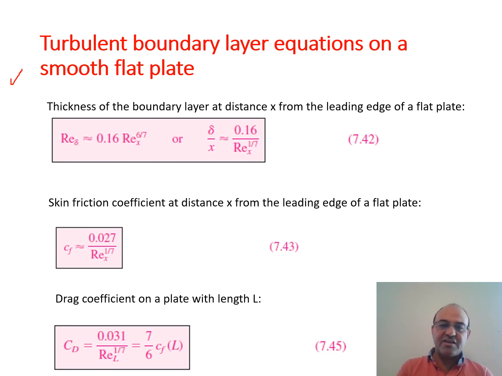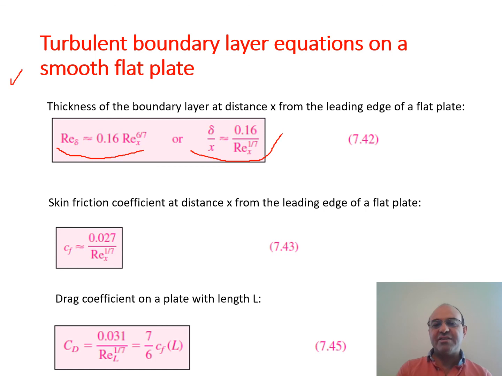For this case, delta over x is obtained using this equation. This equation was also given in the beginning of this chapter. But this is delta over x for a turbulent flow, which is different than the equation for delta over x for a laminar flow.